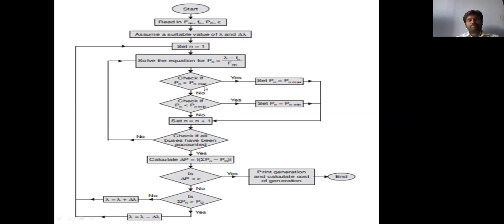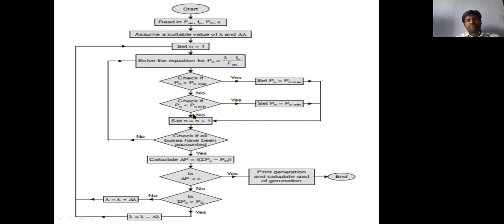For example, you got a value of 200 megawatts, and generally the maximum value is 100 megawatts, so Pn is greater than Pn maximum. If the condition is satisfied, set Pn equal to Pn maximum. If the condition is not satisfied, check if Pn is less than Pn minimum. If the condition is satisfied, set Pn equal to Pn minimum.